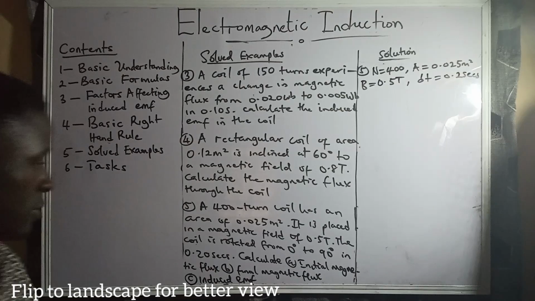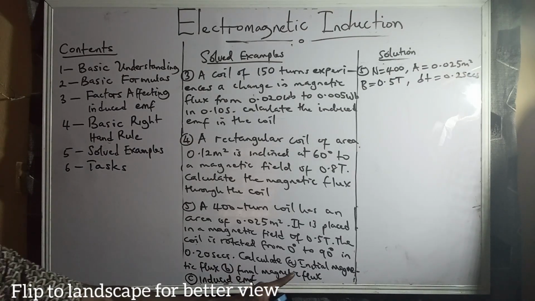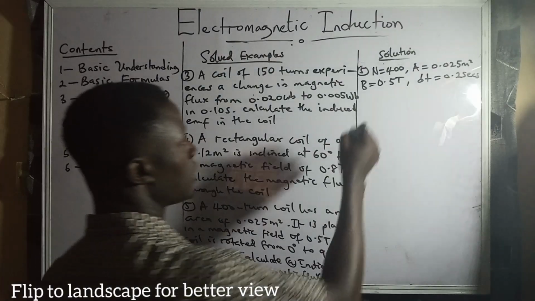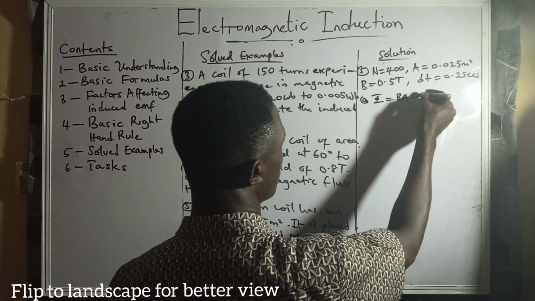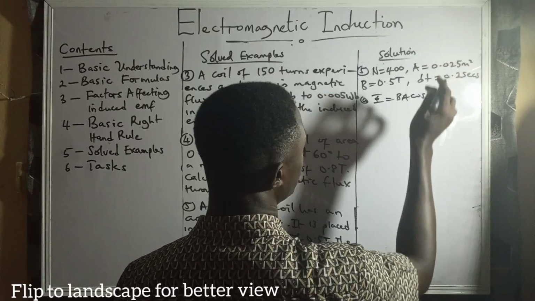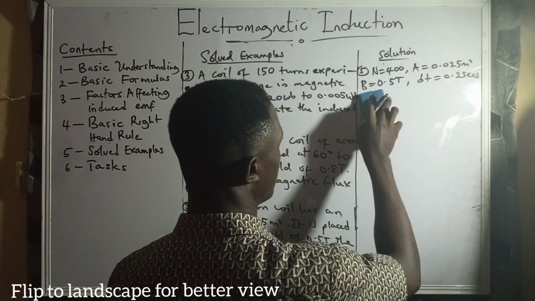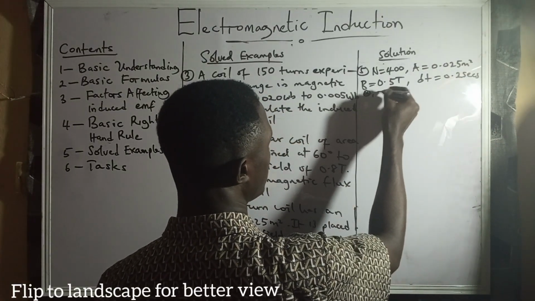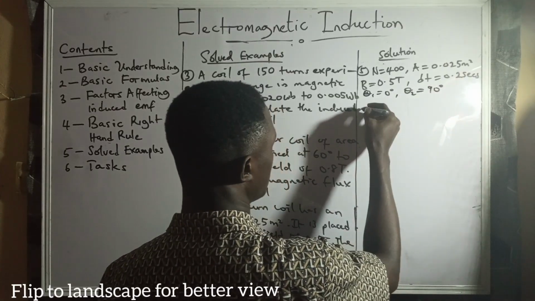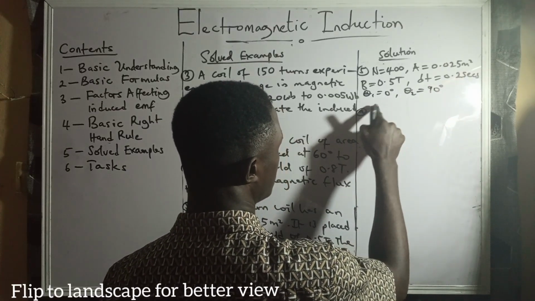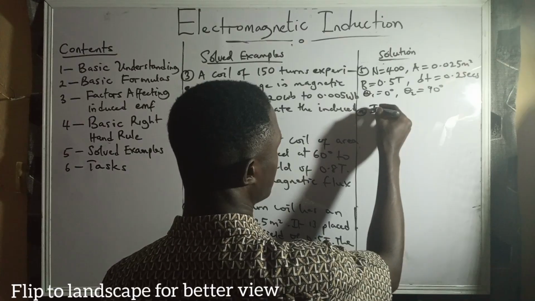Okay, so I've managed the space. The first thing we need to calculate is the initial magnetic flux. It will be BA cos theta. I didn't list the angle. The first angle is 0 degrees, while the second angle is 90 degrees.